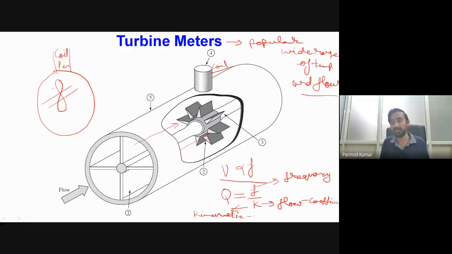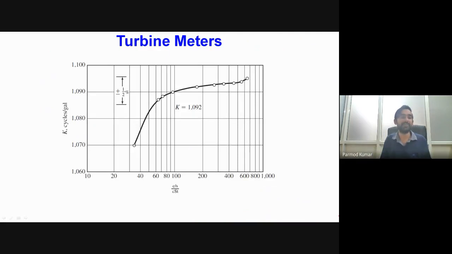This flow coefficient is a function of kinematic viscosity, and it is also a function of the flow rate of the fluid. So for different flow rates, the value of the flow coefficient will change. We have a plot over here, and in this plot you can see the flow coefficient K is given in terms of cycles per gallon.